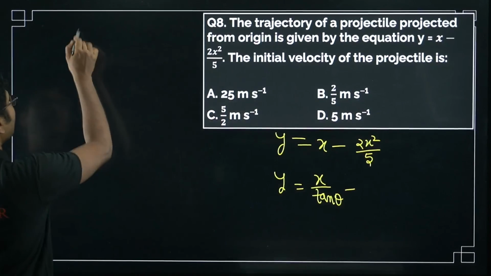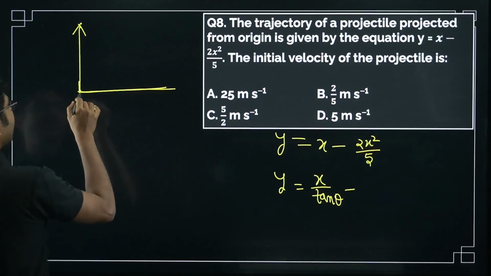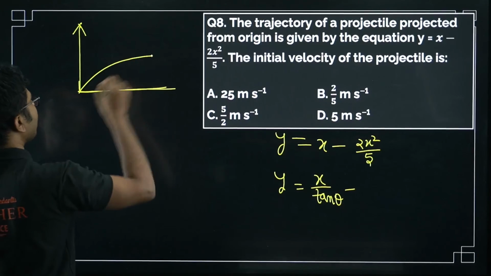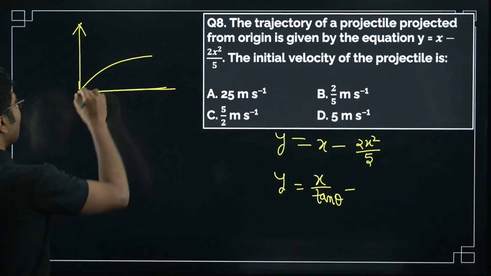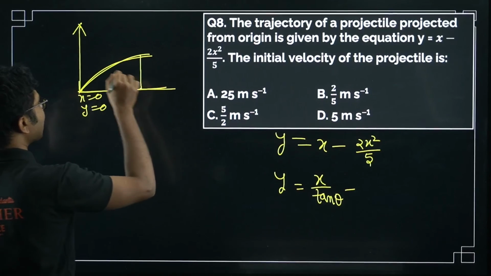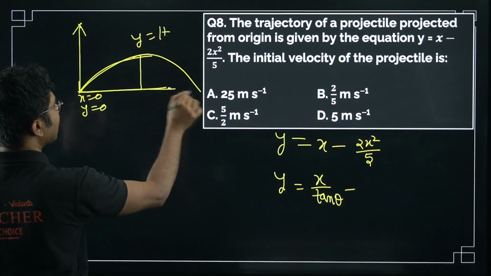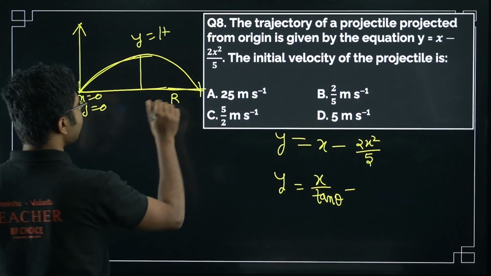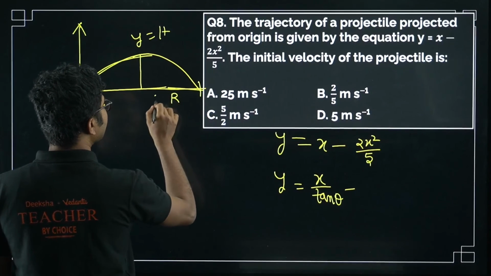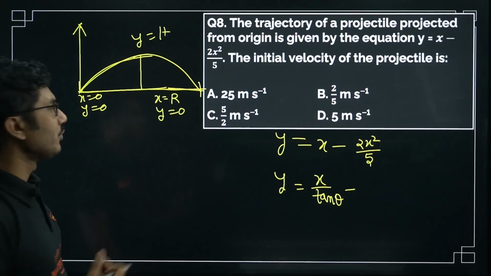You have to remember that at the beginning when you are throwing it out, x equals 0, y equals 0, both are 0. When it is reaching the maximum point, y is equal to height, and when it is touching the ground, x equals range and y equals 0. So these are the things that you have to remember.